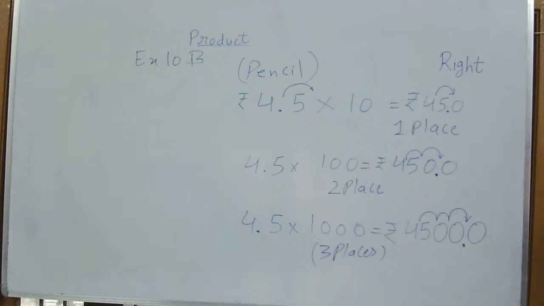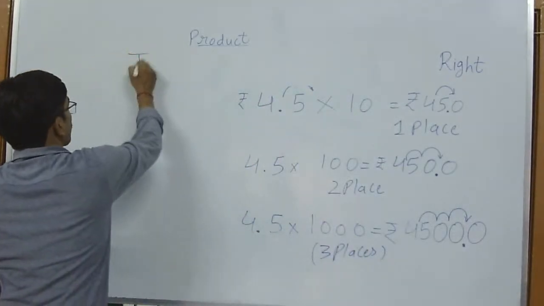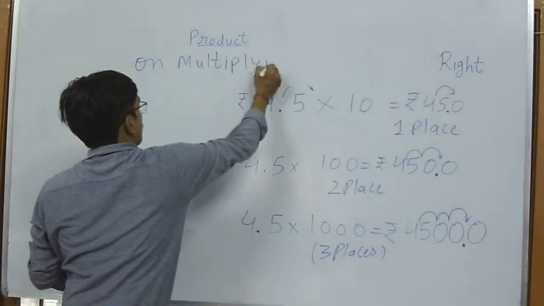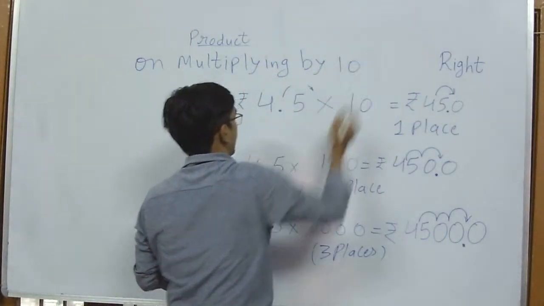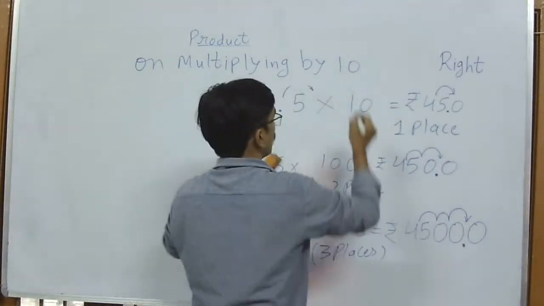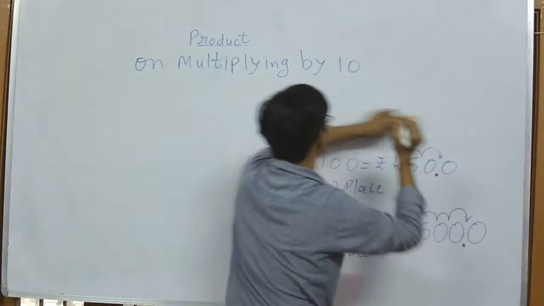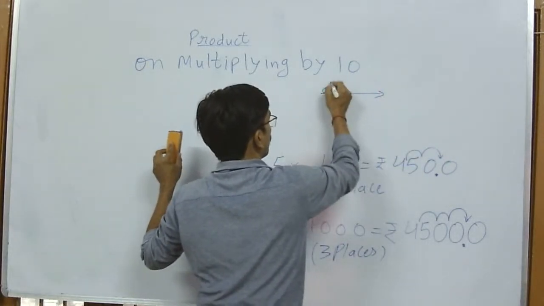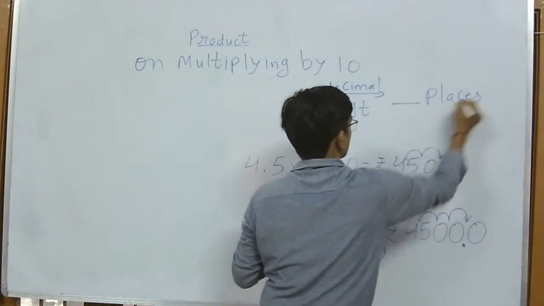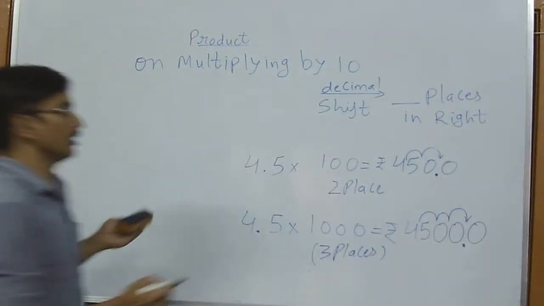So what can we say, all of us, let us write one line. एक line हम लिख सकते हैं कि on multiplying by 10, जब आप 10 से मल्टीप्लाई करेंगे किसी नंबर को, decimal shifts one place to the right.